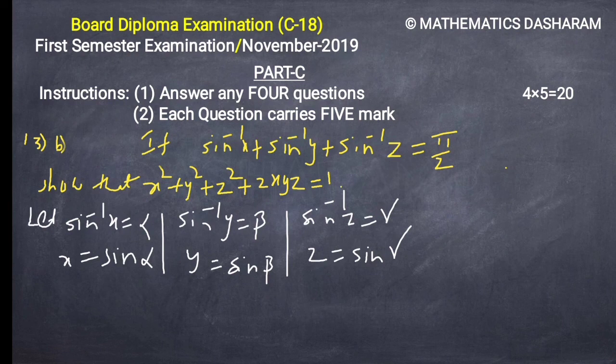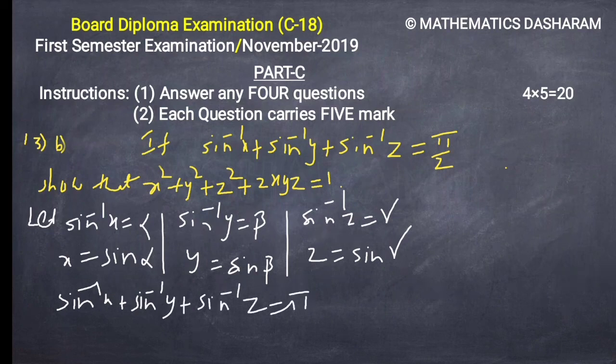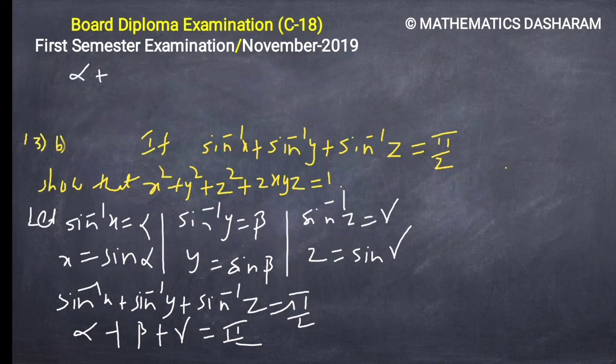But in the question it is given that sin inverse x plus sin inverse y plus sin inverse z equals pi by 2. So alpha plus beta plus gamma equals pi by 2. Then alpha plus beta equals pi by 2 minus gamma.